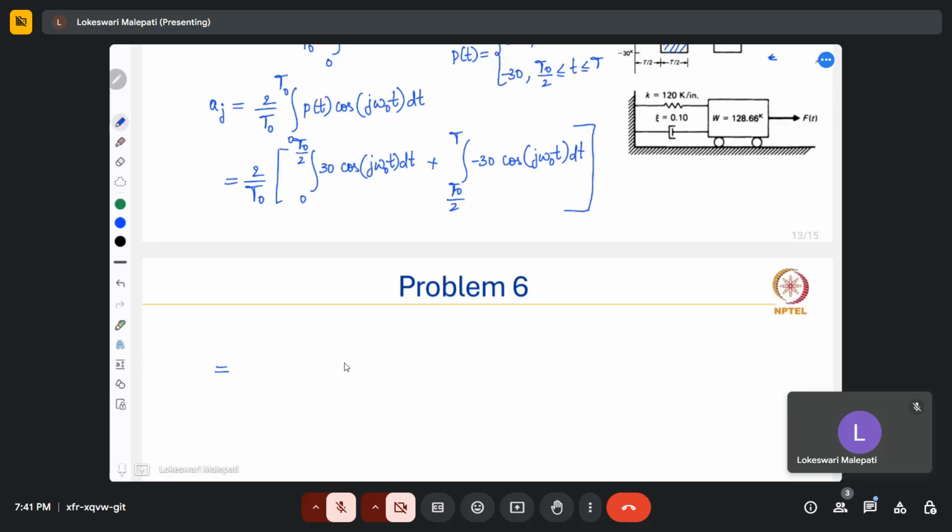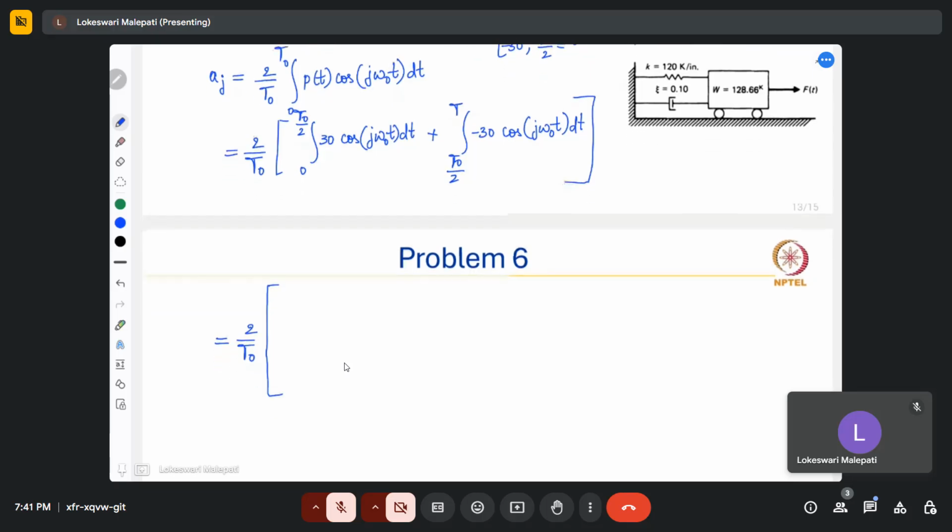So we have 2 by T naught. We can take 30 common from both these things, so we'll have 60.